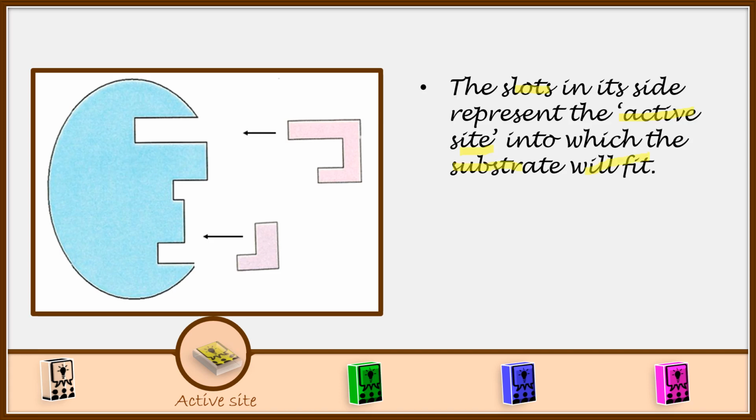These are our slots on the side of the enzyme, which we call the active sites. And in these active sites is where the substrate is going to fit.